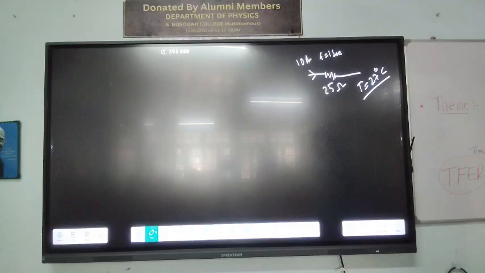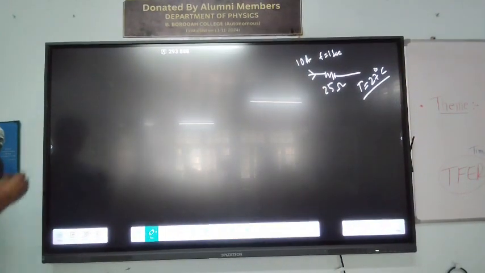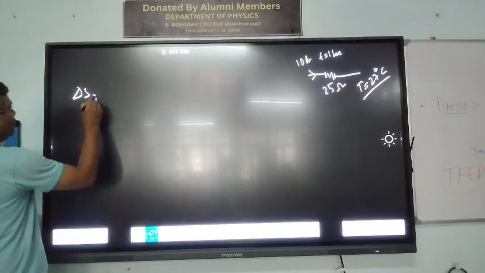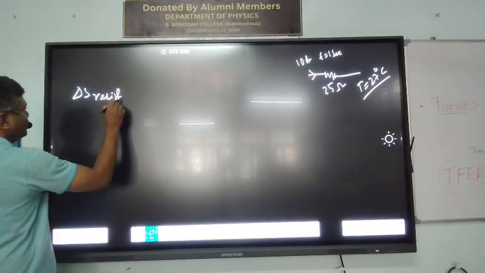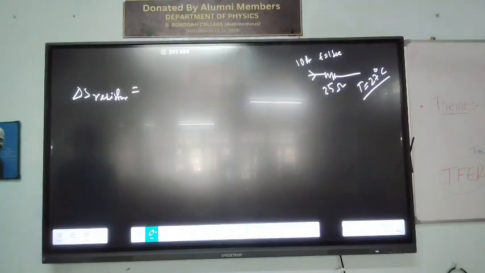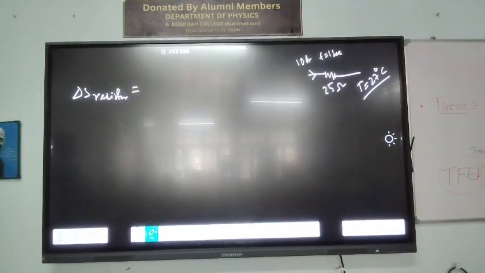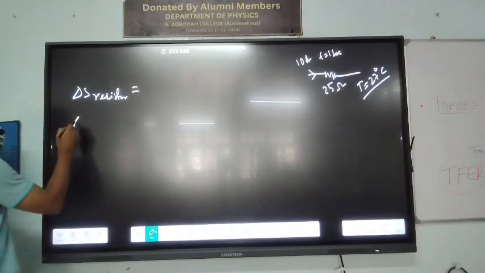First of all, what will be the change in entropy of the resistor? Can anybody tell me? And what will be the change in entropy of the universe?